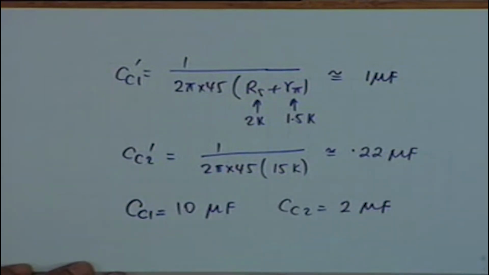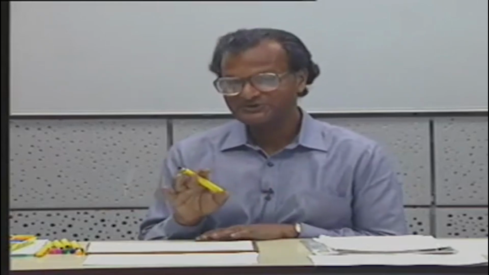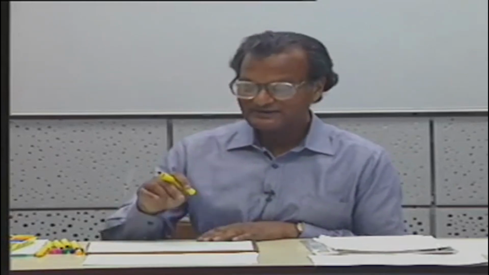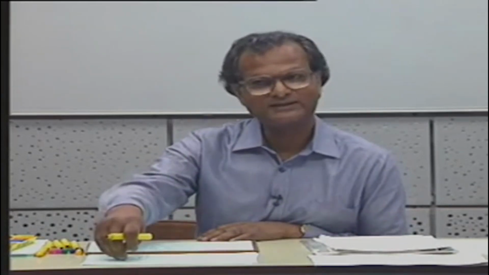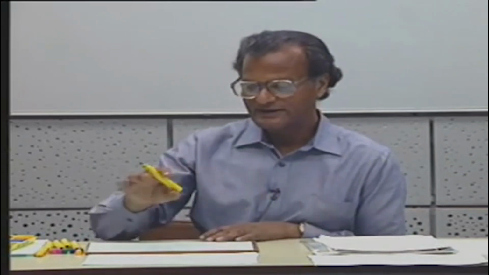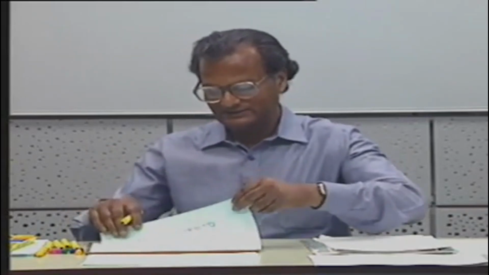But we said that they will use the larger of the two, and the second one larger of the two. No, here the situation is slightly different. Here the situation is 3 capacitors. We have already chosen CE, that is the largest value, 50 microfarad. Larger of the two is when CE is assumed to be infinity. Let me recollect what I said.